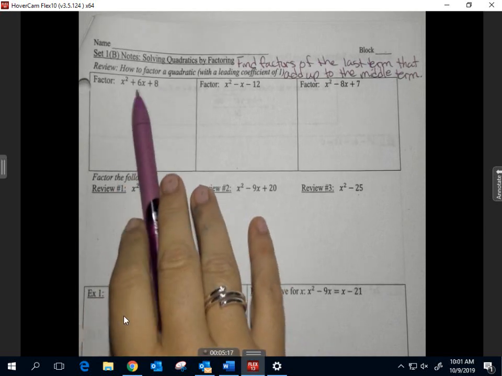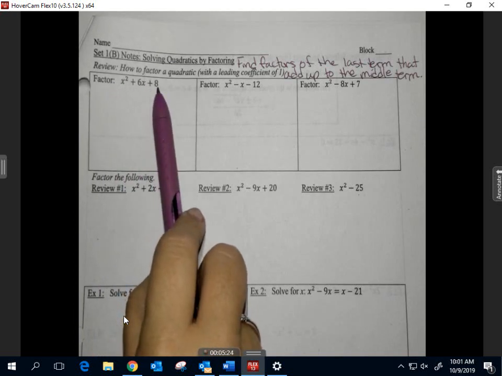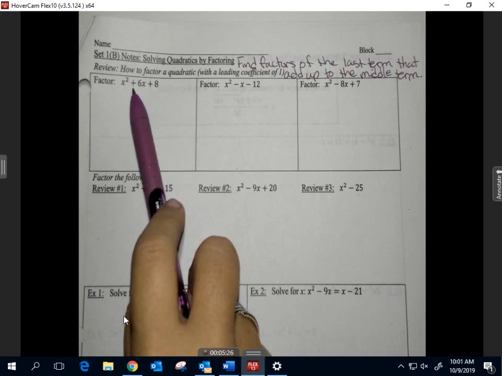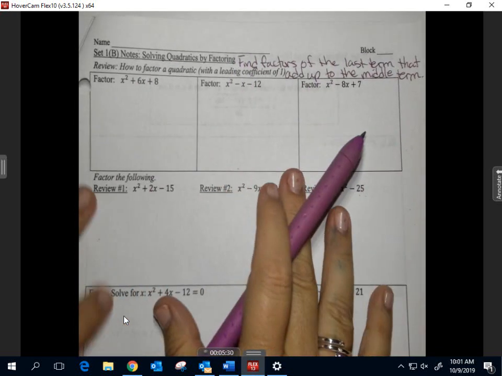And you might be saying, well, what about the first term, Miss Sullivan? That one's easy. I'll show you that in a minute. So the hardest part of factoring is finding factors of the last term. So last term, like on the first example, would be 8, that add up to the middle term, which is 6. Okay? So how do we start factoring?